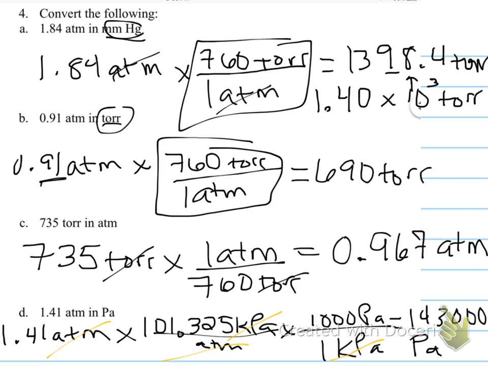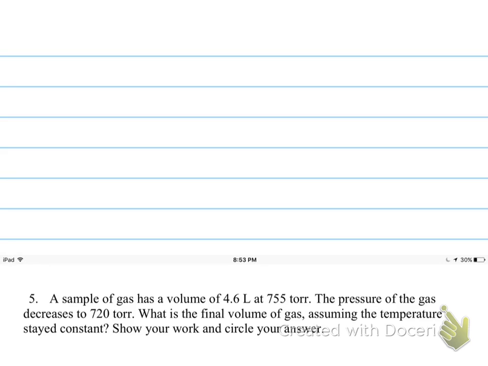Okay, so the next question is an ideal gas equation. Well, it could be the ideal gas law, or it could be one of either Charles' law or Boyle's law. We have a sample of gas that has a volume of 4.6 liters, so that's a volume. At 755 torr, torr is a pressure.